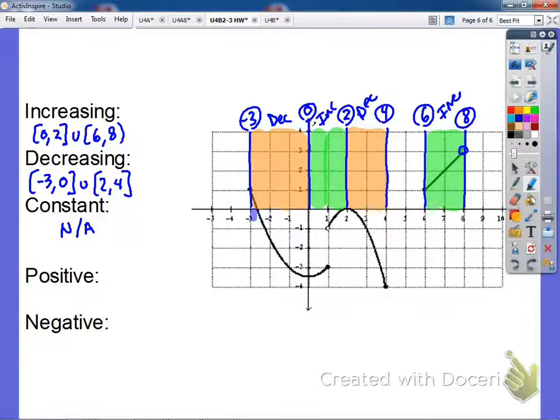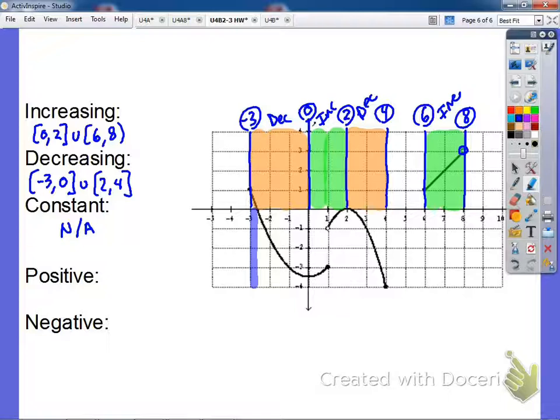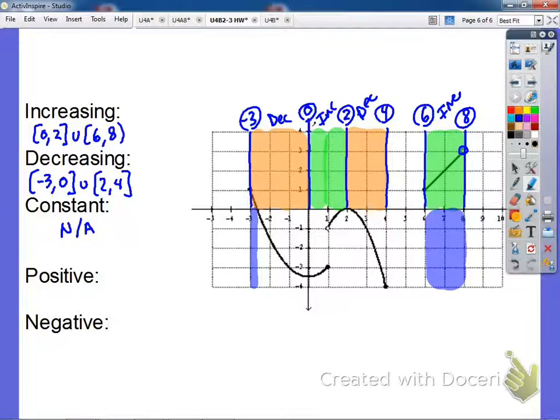I see a big sliver right here. And it's not exactly negative everywhere in between. It's negative from here to here. And then there's that gap because there's no graph there.